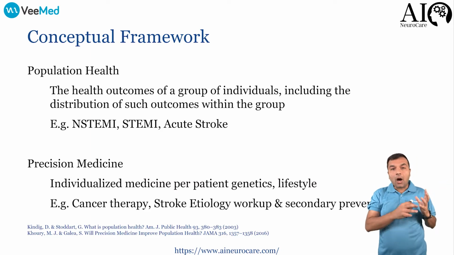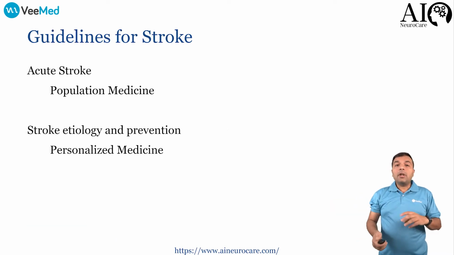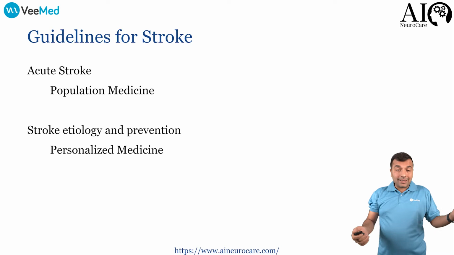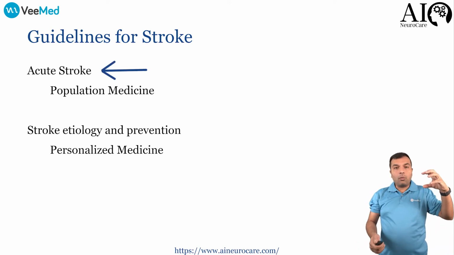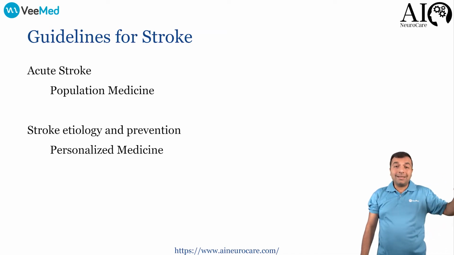Number one is how to deal with the population-based outcomes, in terms of how to appropriately approach these patients in a systemic and standardized way, and also, when the patient has individualized needs, how to address that as well. So in terms of stroke, which we're discussing today, it is basically how you approach acute ischemic stroke when the patient comes into the emergency room: what to do, this, and this.